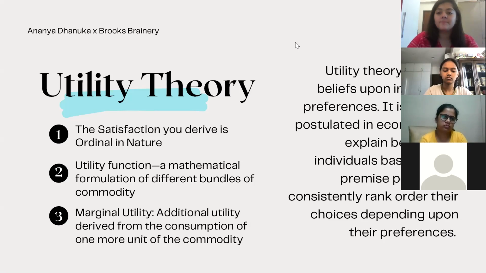Then I have this definition which sums up what utility theory is, which is that utility theory bases its beliefs upon individual preferences. So we're back to preferences. Everything that we're going to discuss today, utility theory and consumer theory, is about how to formalize the preferences that are there, how to make theories out of the preferences that economists have observed in the natural environment.